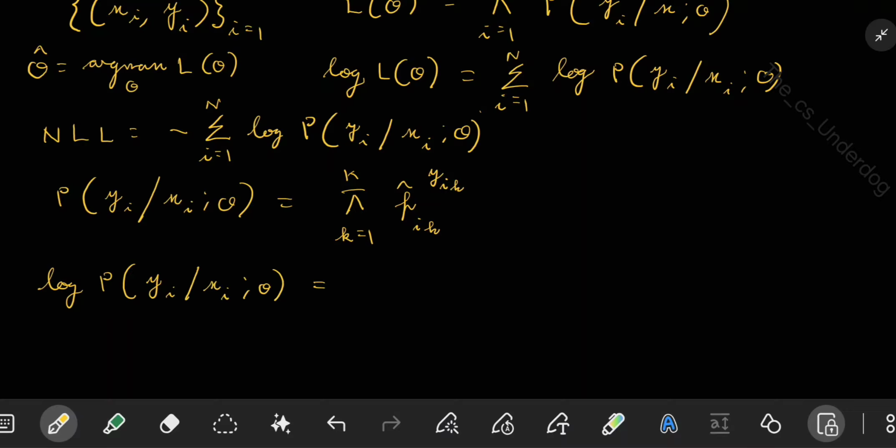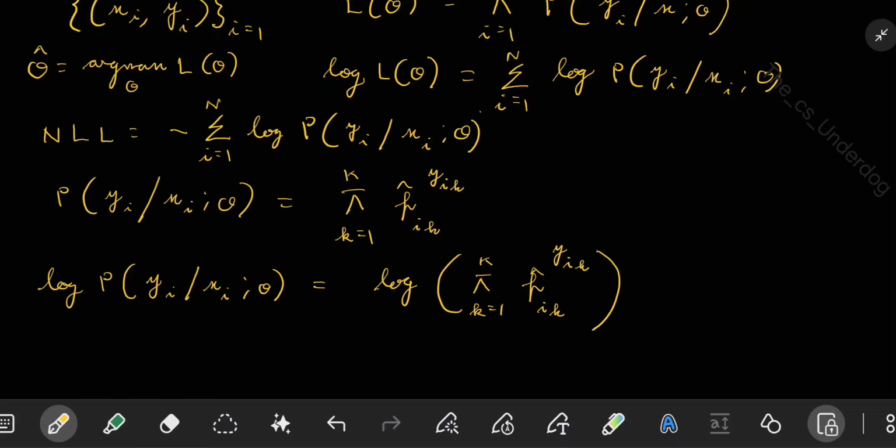How can this be written? When I take the log of this, what happens? The product will turn into a sum. So just think like this: I am taking log of the product over k equal to 1 to K of pik cap raised to yik.